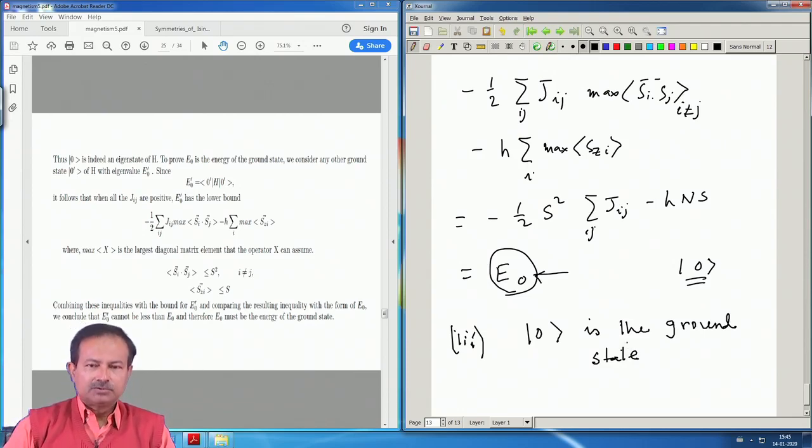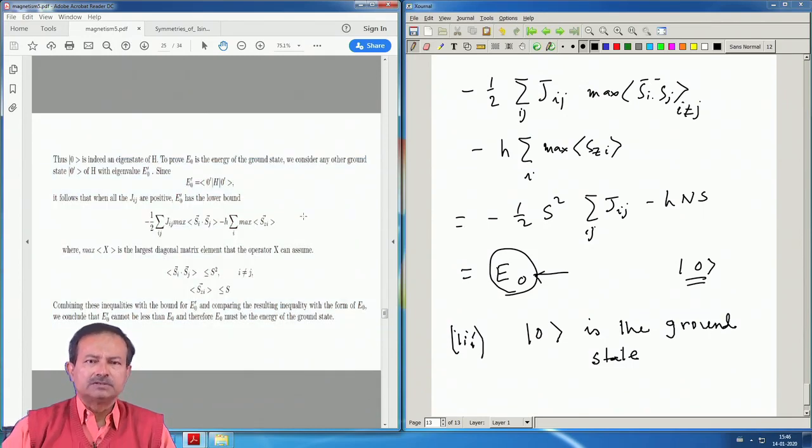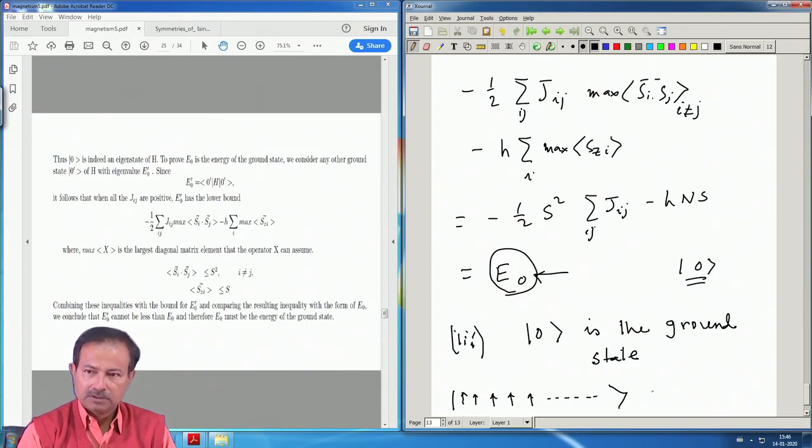So, we set out to do calculations on the Heisenberg ferromagnet, and what we found is that indeed the chosen ground state, where all spins are up with the full value of spin S, is the ground state.